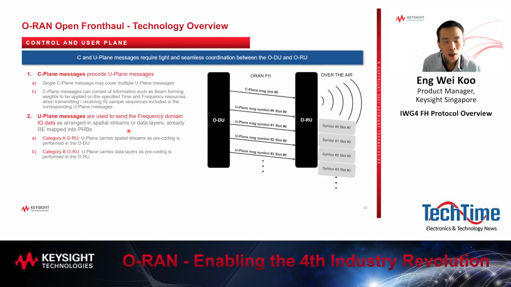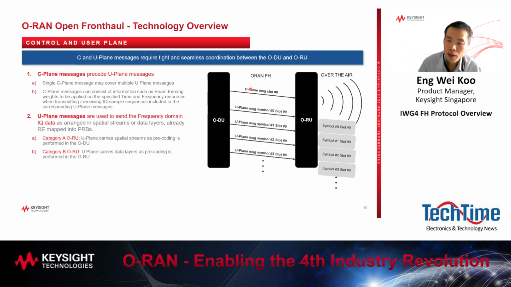So for C-plane messages and U-plane messages, it's very important that we look at how they work together, right? As we mentioned in the previous slide, the U-plane would carry the 3GPP protocols, and the C-plane messages would be used to share information with the ORU, both in the uplink and downlink direction. The figure that you look at here is in the downlink direction.